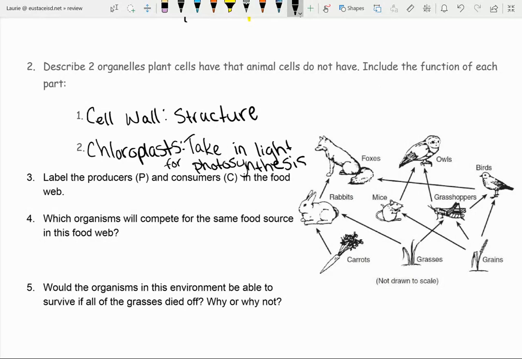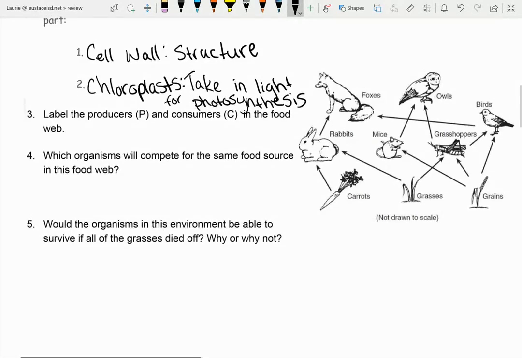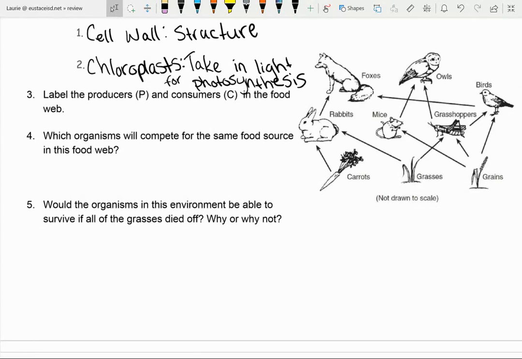Okay, so now for the food web here, we need to label our producers and our consumers. Remember, a producer is something that produces its own food using energy from the sun. Typically, we are talking about plants because they use photosynthesis as a process to produce glucose. So we have three producers here. We have carrots, grasses, and grains.